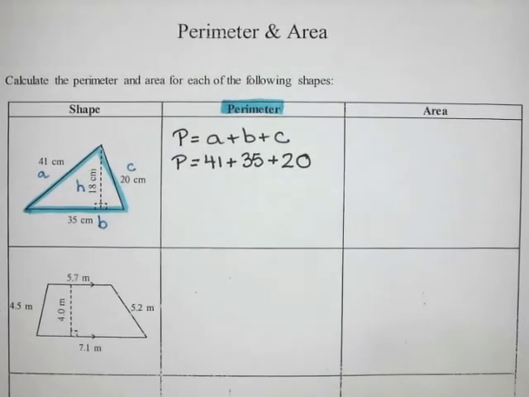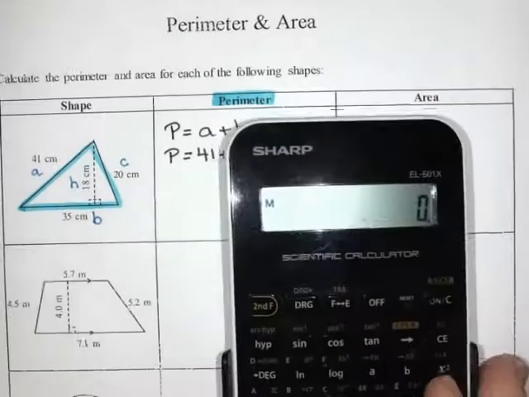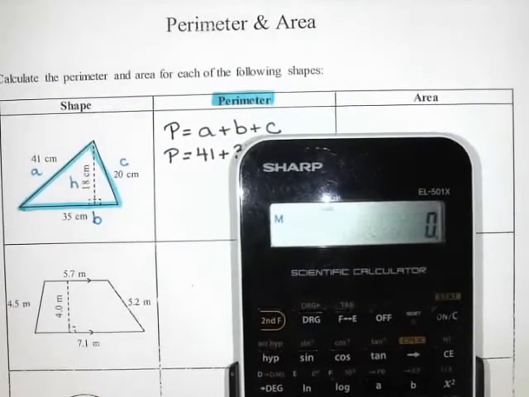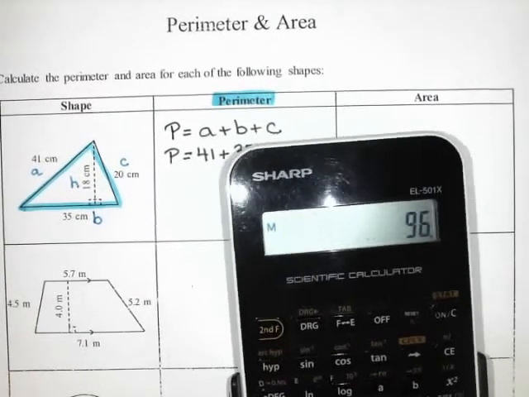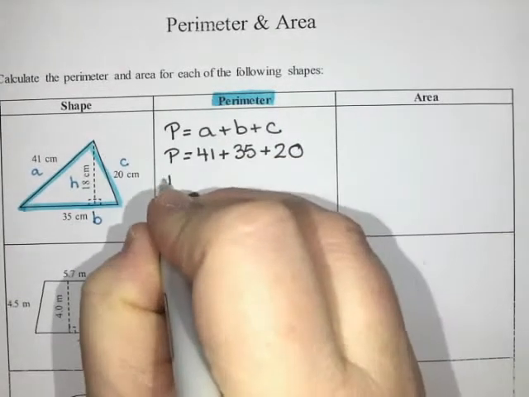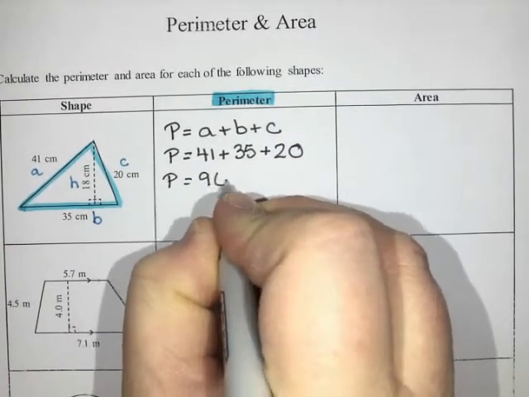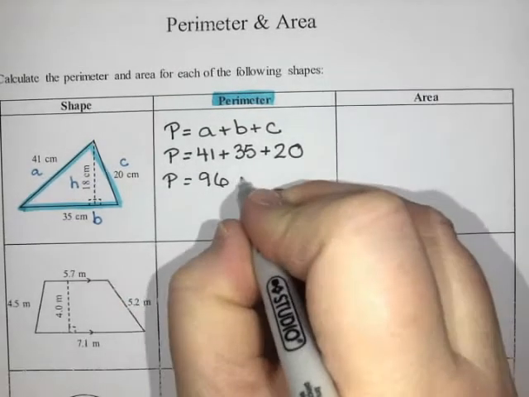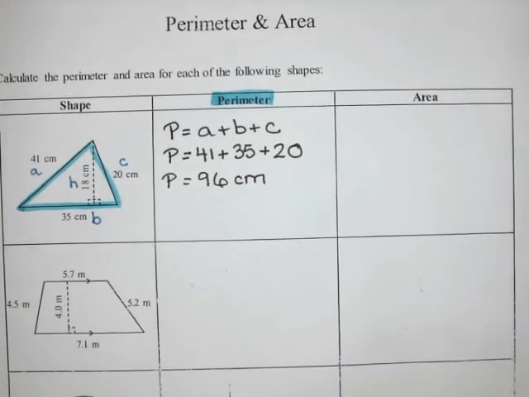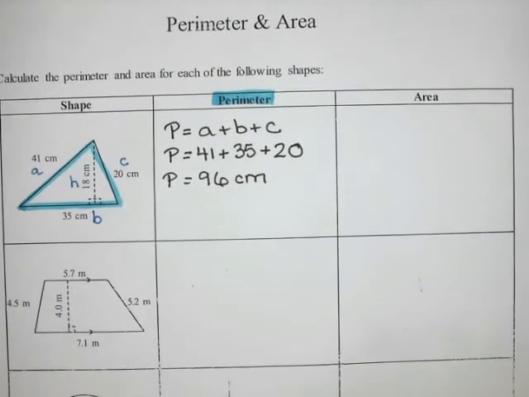Now, you can try to do that in your head, or you can use a calculator to help you out. So 41 plus 35 plus 20 gives us a grand total of 96. Now, since all of these are in centimeters, this is centimeters. So our perimeter is 96 centimeters.